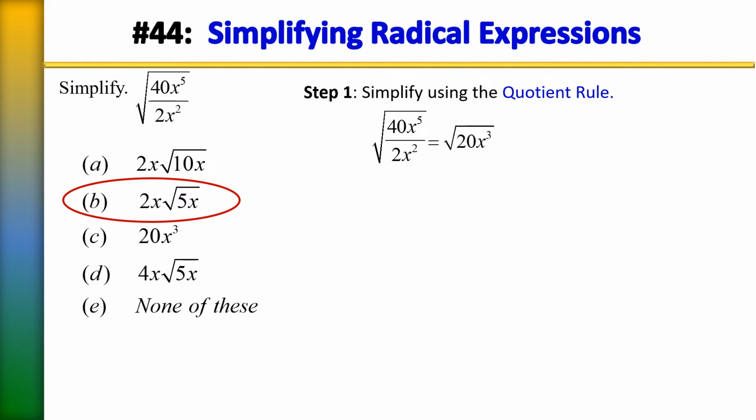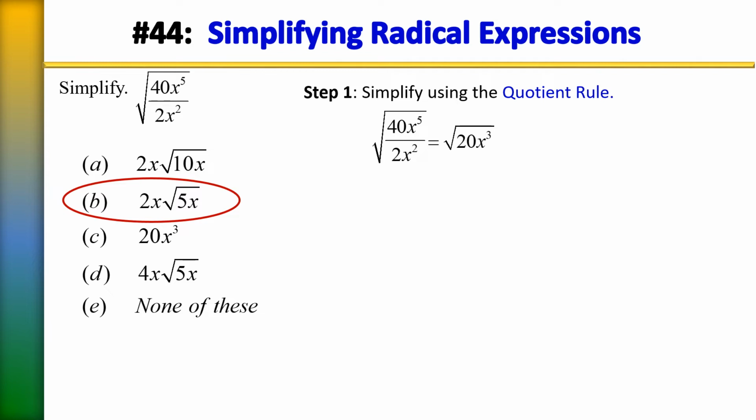Now we know that 20 is not a perfect square root, but it does have a perfect square root of 4 inside. In terms of the variable, x to the 3rd power is not a perfect square root, but we can simply go down 1 and make it perfect. So x squared would be perfect, which means we would have 1 x left underneath the symbol.